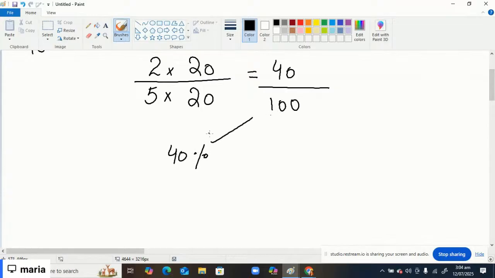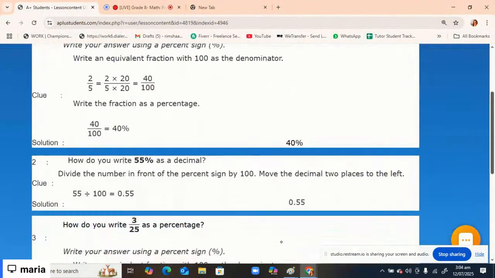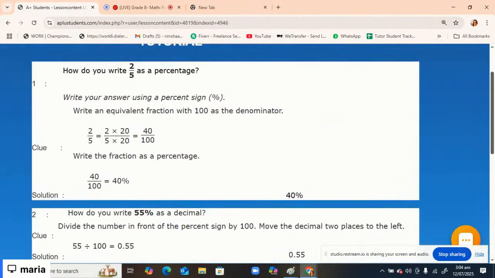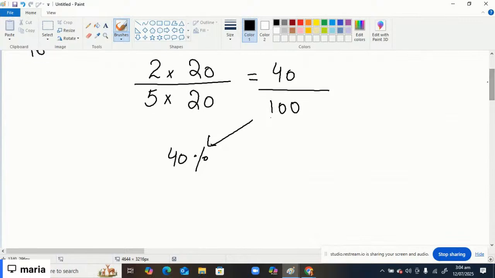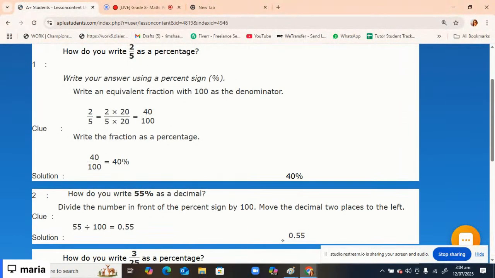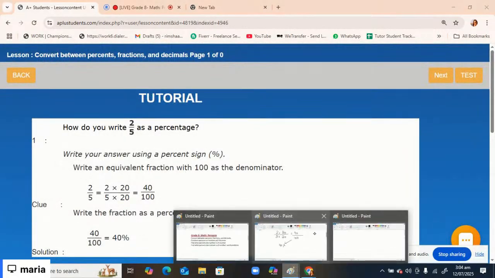This 100 can be changed into the percent sign. Now if they say 55%, this is the way that we convert between percents, fractions and decimals. Okay, all the numbers mixed together.